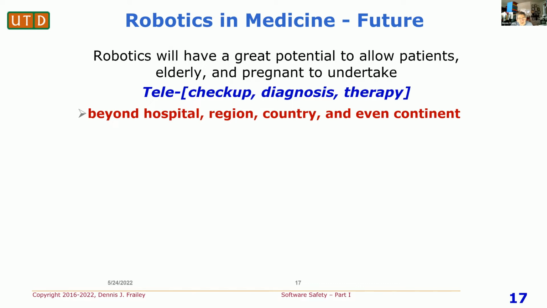What about situations where you are not conveniently available to a hospital? You're way out in the desert, or you have an accident in Africa, out in the jungle somewhere or whatever, or you're on a cruise ship and you suddenly have some kind of a medical emergency that the cruise ship isn't equipped to handle.